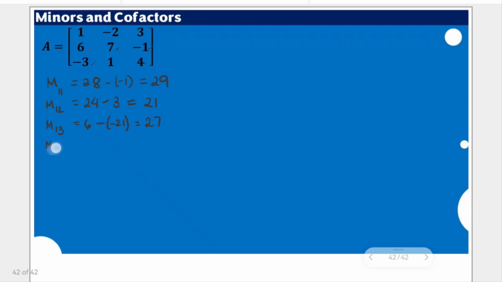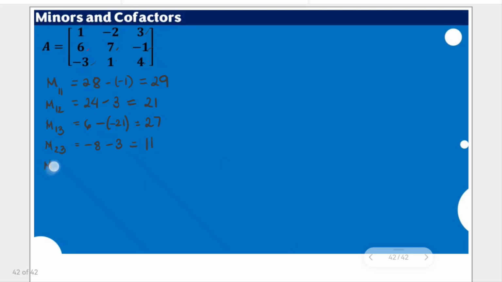Minor 2, 3, meaning second row, first column. So you have negative 2, 3, 1, and 4 for your submatrix and get its determinant. Negative 2 times 4 is negative 8. And then 3 times 1 is 3. So minus 3. That's how you will have a result of 11.